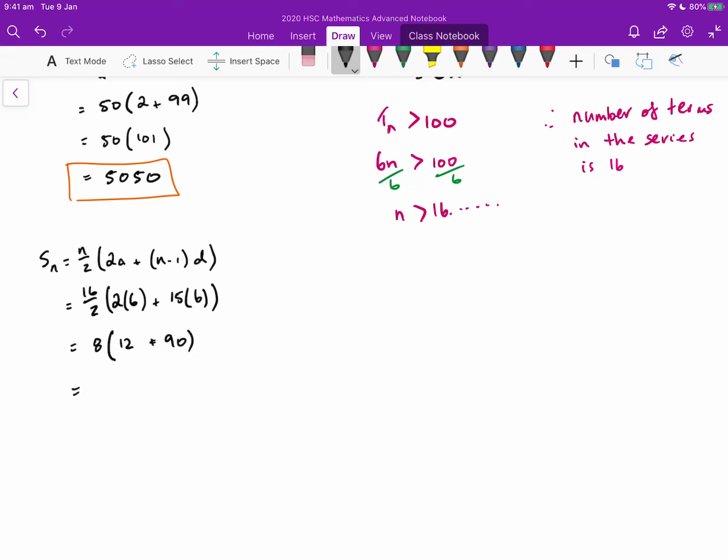And then we can keep simplifying that down. 12 plus 90 is 102, and that works out to be 816.